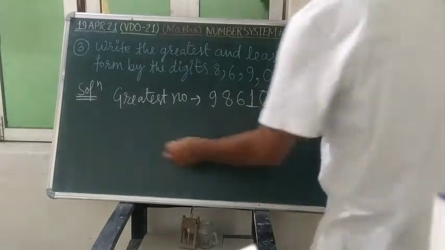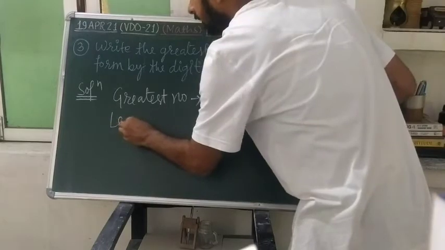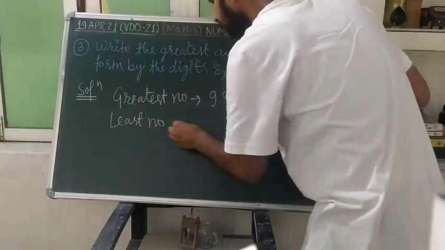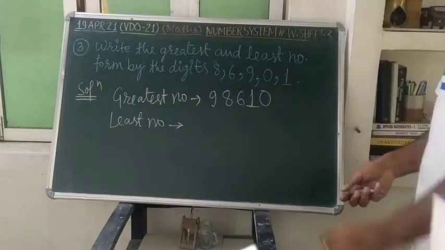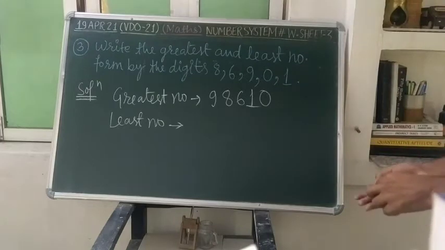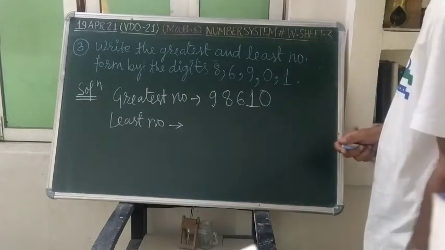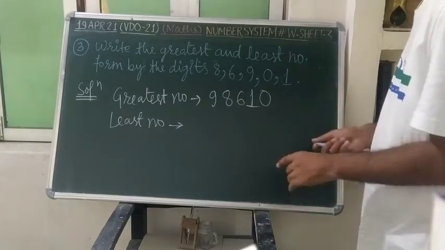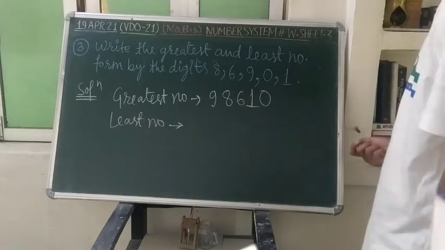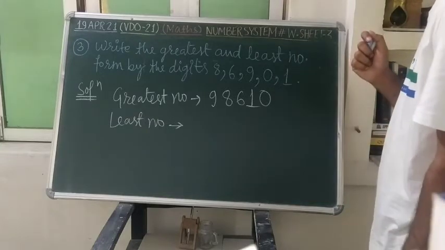Now come to the least number formed by these digits. For the least number, we shall start from the least digit. So the least digit is 0.